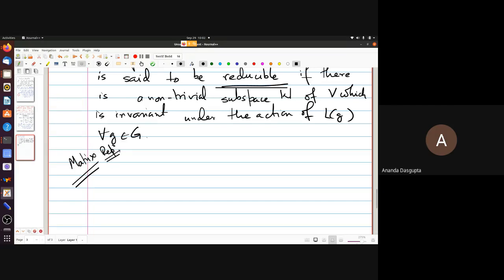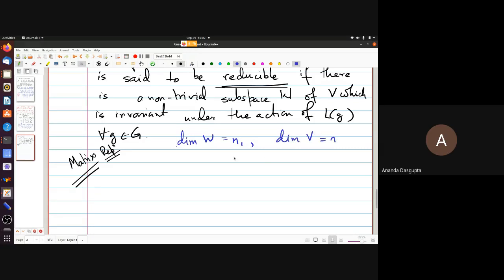If you have a reducible operator representation, what does that say about the corresponding matrices? The answer is simple. You can now always choose your basis vectors in such a way that, let's say V is n dimensional, but W is n1 dimensional, and dim V is n.